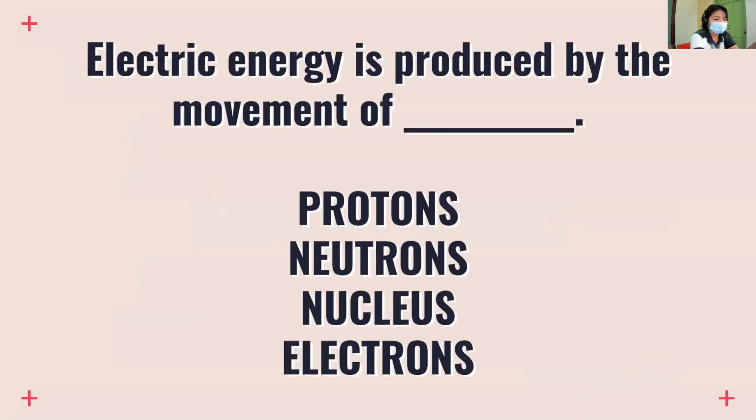Makikisulat po ng buong word. Electric energy is produced by the movement of Planck. Erasure means wrong. Pero okay lang kung mali yung spelling, basta yung totally nabura. Electric energy is produced by the movement of, pasabi na lang po kung medyo mabilis ako.